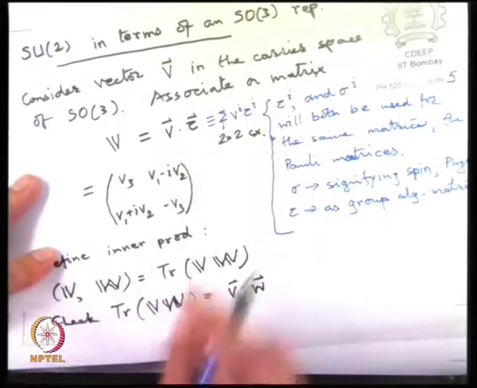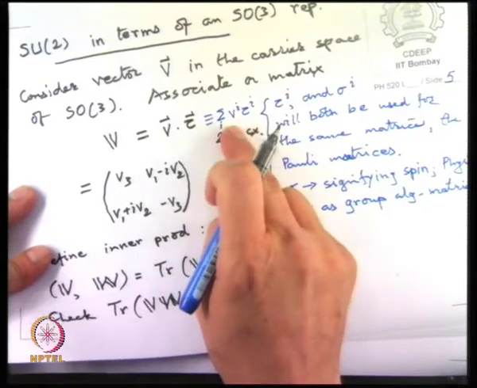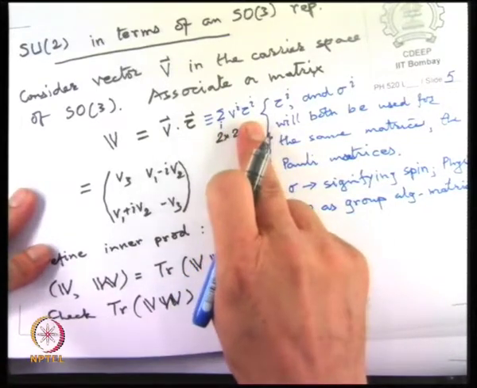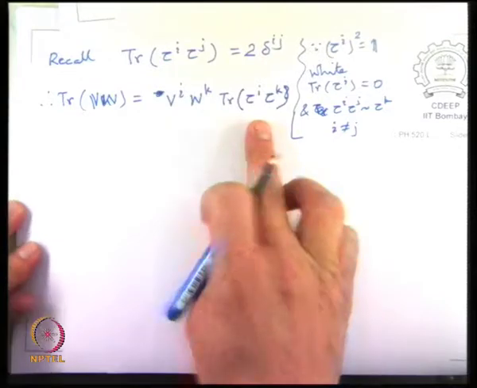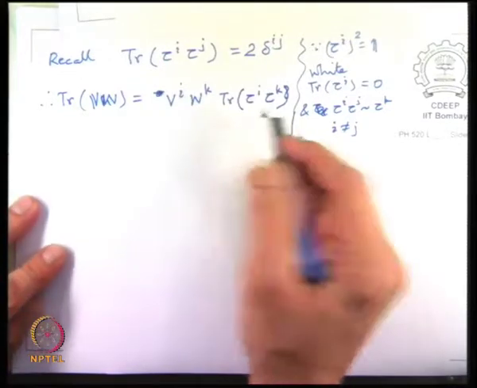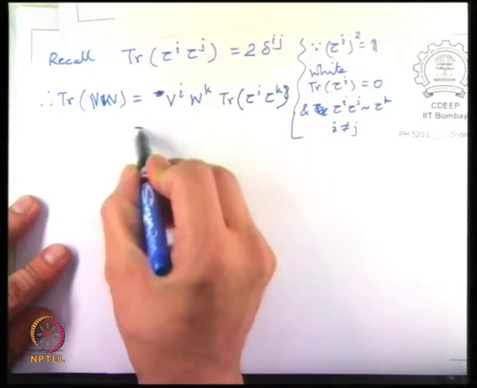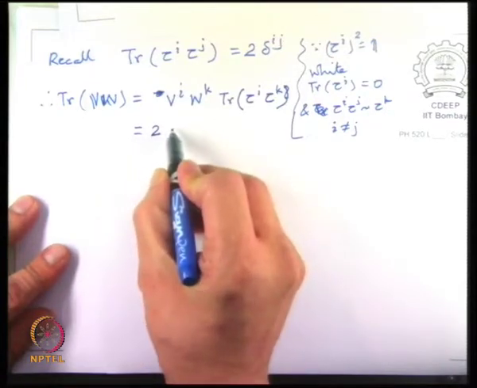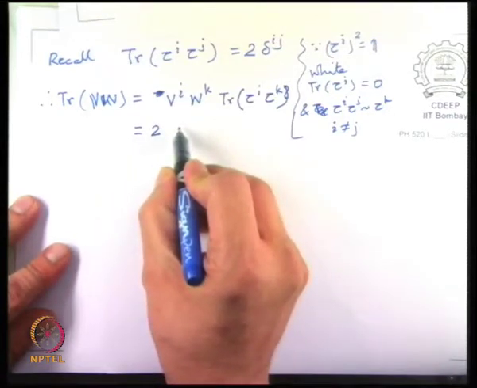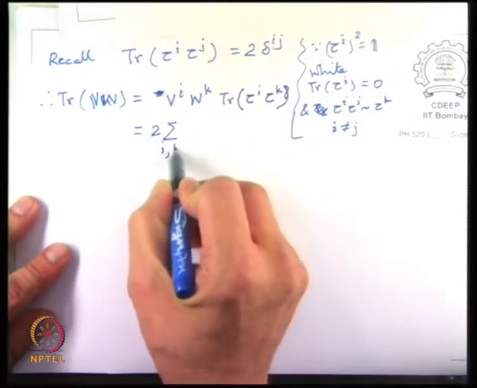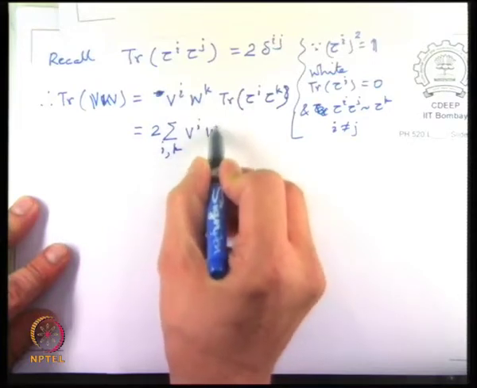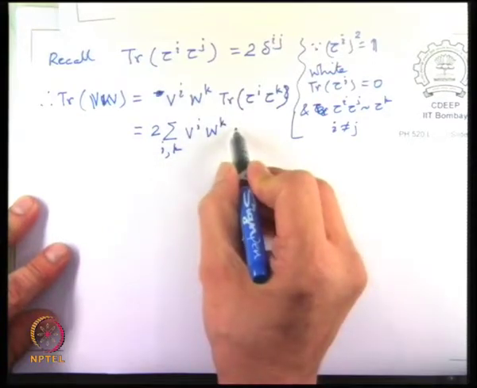So V i are numbers and the trace has to be done over these matrices, right. So we can pull out the numbers and do the trace over this, and this trace is equal to 2 times delta ij. So except for a factor 2 we got the inner product back.